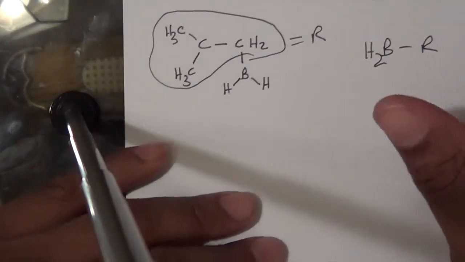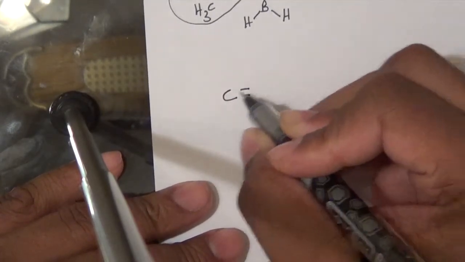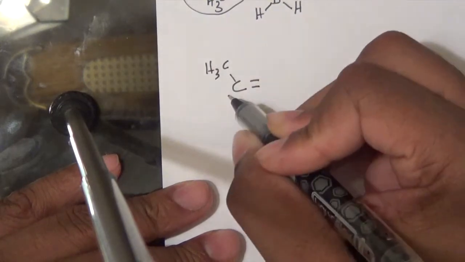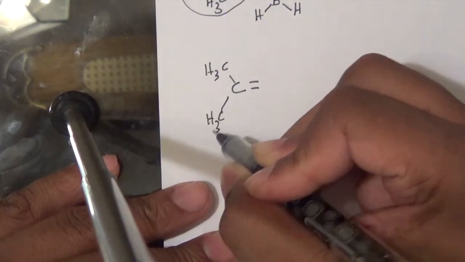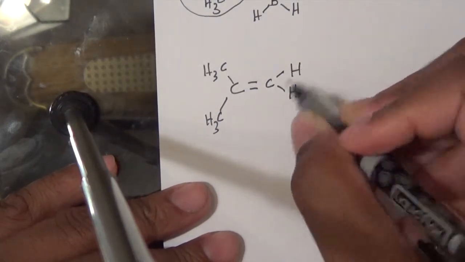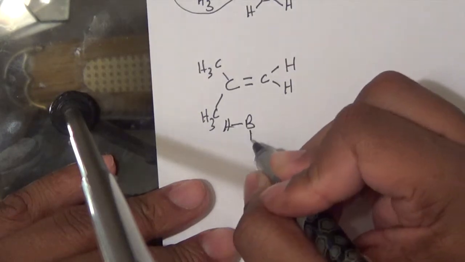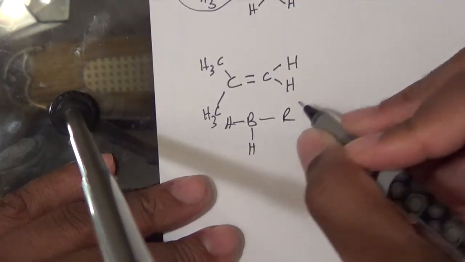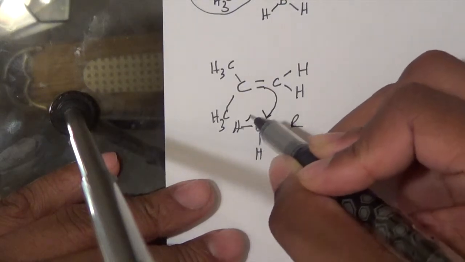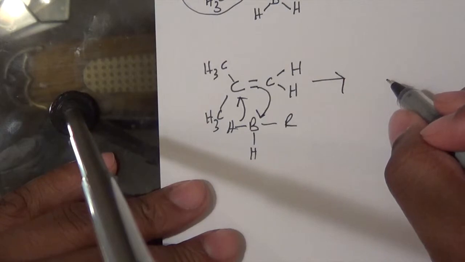Okay, so we're going to repeat this process again with the double bond with our same alkene that we had. And we got BHR. Okay, same process. This attacks that, and we are here now.